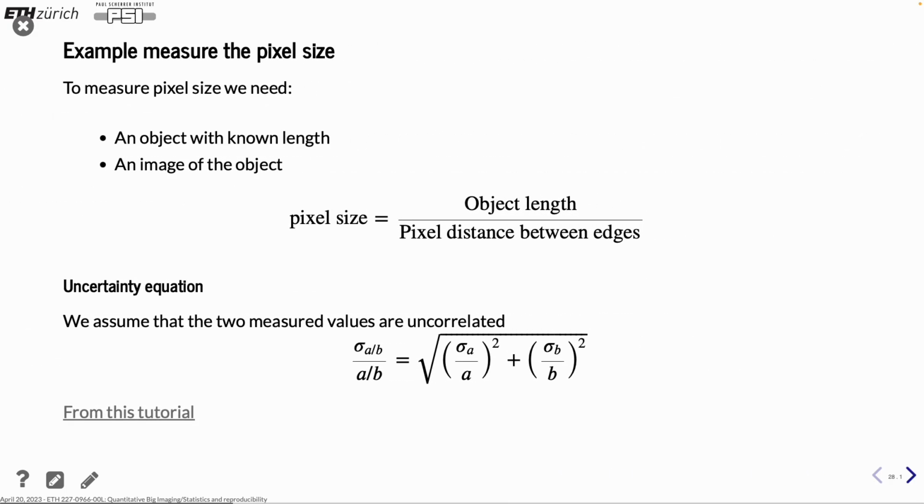So the pixel size is measured through 2 measurements. One is with a caliper, measure how long an object is, and then in the image, measure how many pixels it takes. And then you get the pixel size by object length over pixel distance.